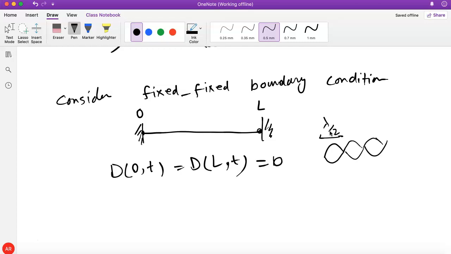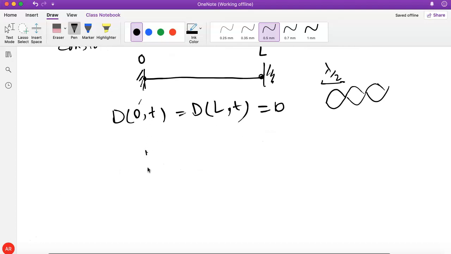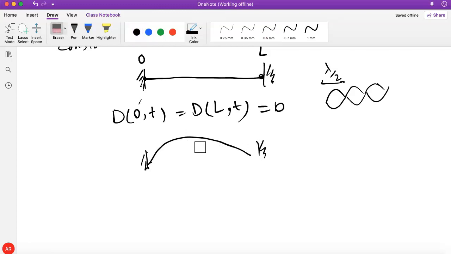So if those are nodes, if here and here I have nodes, I must fit an integer number of lambda over 2's, right, inside the entire string. So maybe I can do this. Well, I can fit 1 lambda over 2. Something like that. Let me draw it a bit more symmetrically.